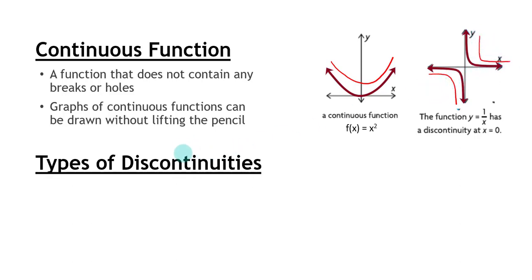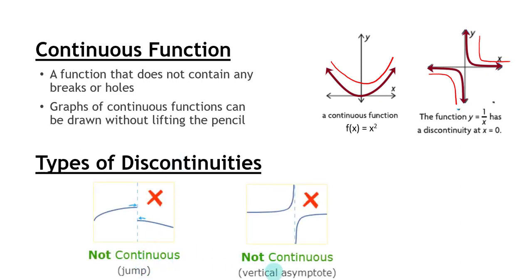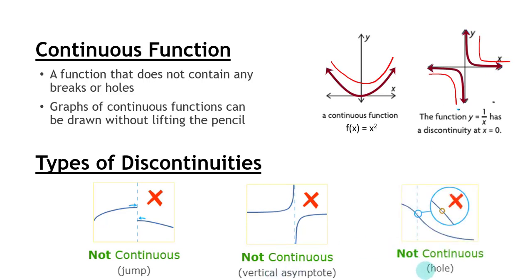Let's discuss different kinds of discontinuities in our graph. We can have a jump discontinuity, a vertical asymptote discontinuity, or a hole discontinuity. By jump discontinuity we mean that our graph can jump, where the value of the function changes quickly as we go from one point to another.